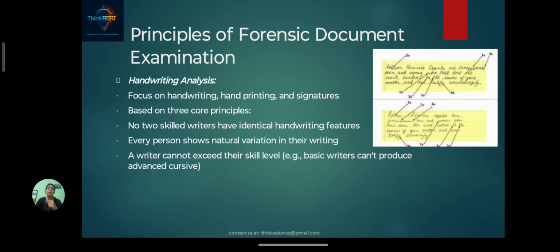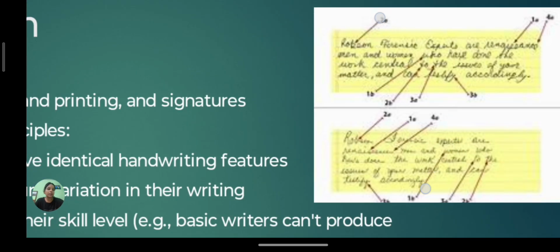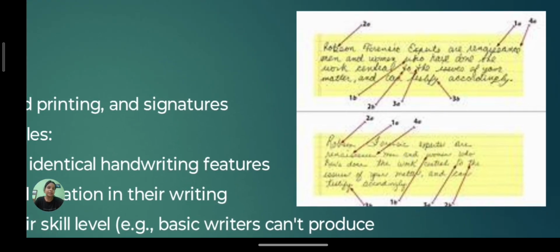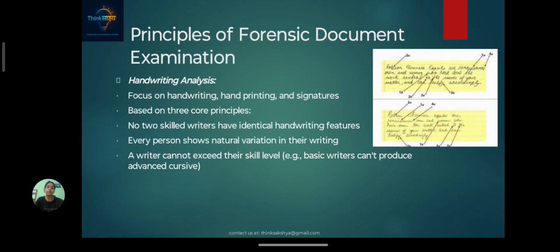I will have some peculiar features, such as writing A differently, or she might write it a little differently but not the same. These features we will study further in a separate video on handwriting analysis and how it is done. That video will be coming soon once we cover the basics of forensic questioned documents. So the first principle is that no two persons can have exactly the same handwriting features.